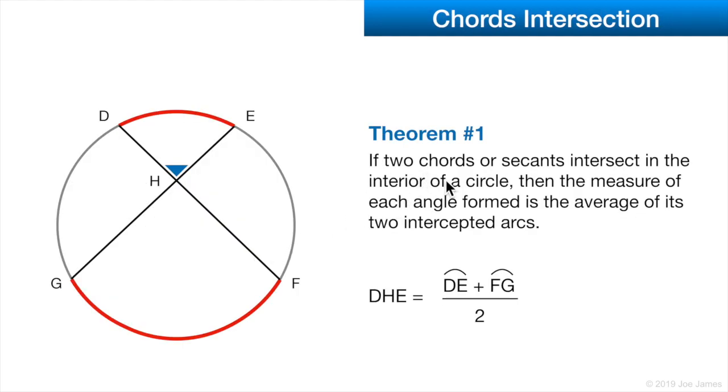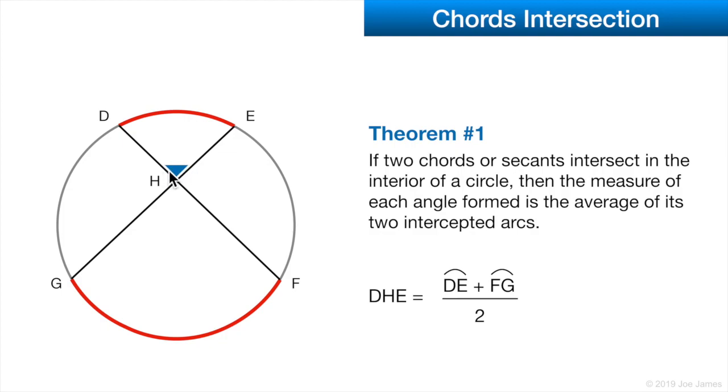Here's another theorem about chords and secants. If two chords or secants intersect in the interior of a circle, and here we have two chords, EG and DF, they intersect at point H here in the interior of a circle. Their intersection point is in the interior of the circle. Then the measure of each angle formed is the average of its two intercepted arcs.